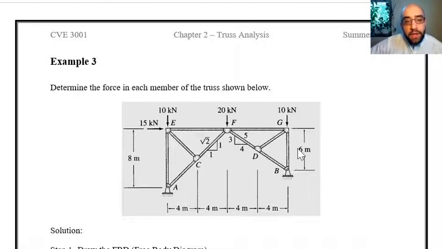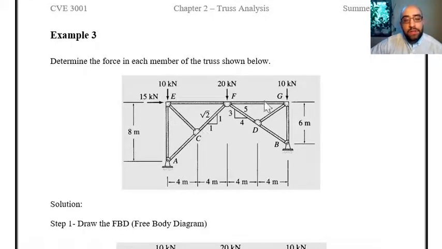So over here you can see this example, which is this truss over here. It is asking about finding the force in each member of the truss, and you can see the configuration, the loading, and we just have to follow the steps that we had before for analyzing this truss.